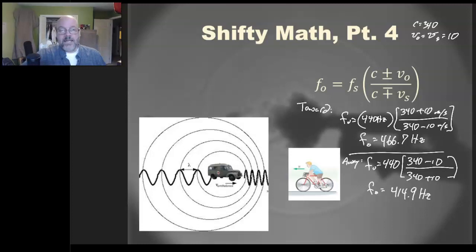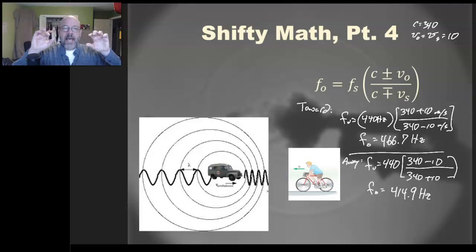Now there's all kinds of combinations here. I happen to pick the same numbers for a specific reason, which I'll show you in just a second. But no matter how fast they're going, if they're going towards each other, the numerator goes up and the denominator goes down.